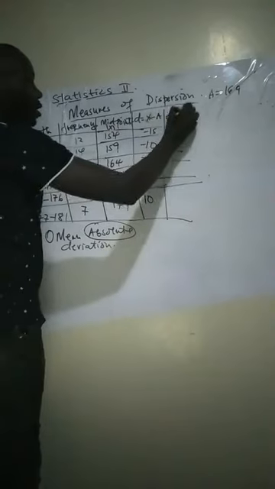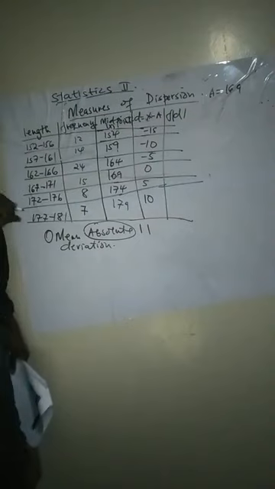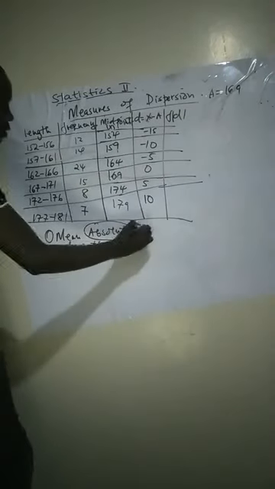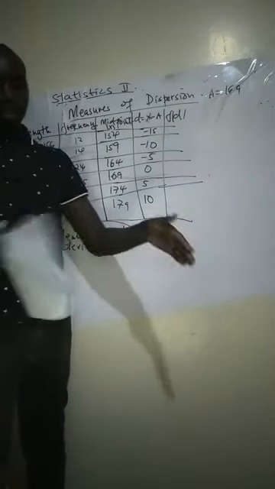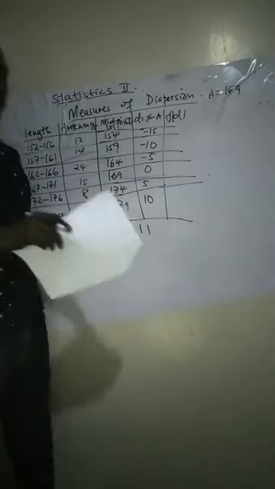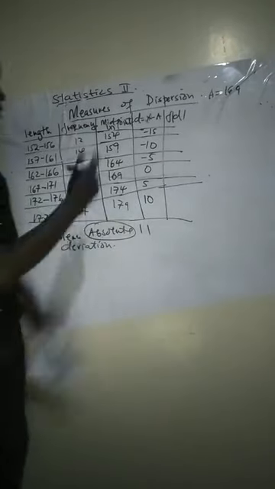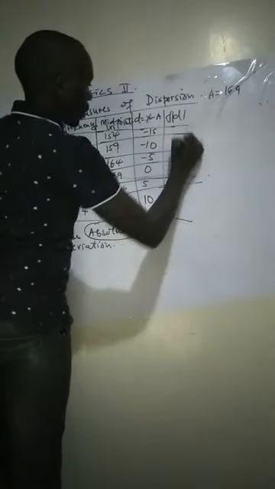So in this case, I expect you to find f times absolute D. The symbol for absolute is two straight lines, just as the same way you will denote magnitude. That denotes the size, the deviation from the average value. So you ignore the negative sign because that basically indicates how many units it has deviated from the average value. That is why we are ignoring the negative value.